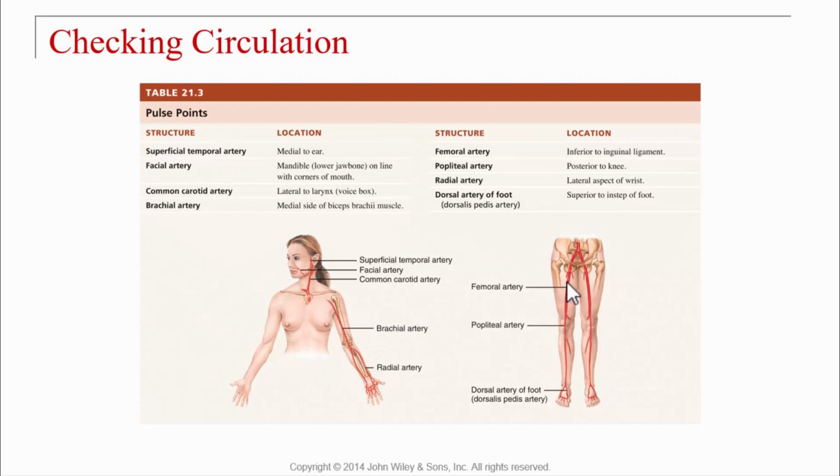Femoral artery, again, a difficult one to find. You really have to press kind of hard, and it's not very comfortable because you have a nerve right next to it. The popliteal artery, usually the patient is on their back. You have them bend their knee and then totally relax their knee, and you have to dig your fingers relatively deep into the back of their knee. Again, very uncomfortable.